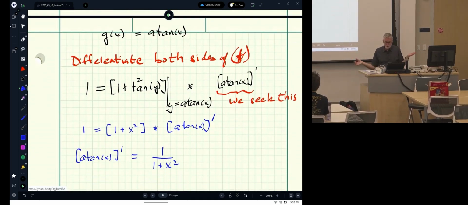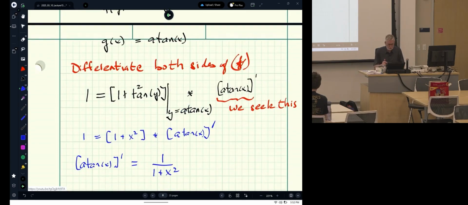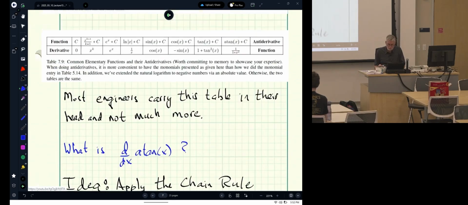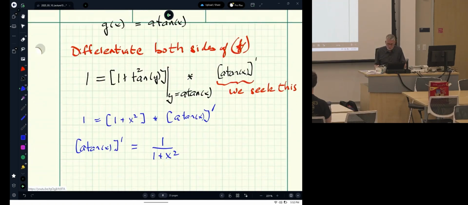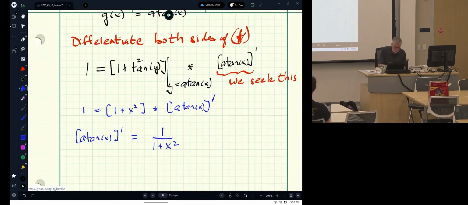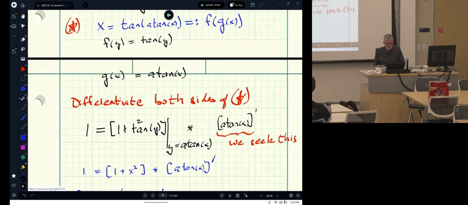And the only trick is I could have written x equals arctangent of x of tangent of x, but that would have messed things up. You can see that the chain rule gets g prime of x on the outside, and that's what we wanted because we wanted to compute this one.